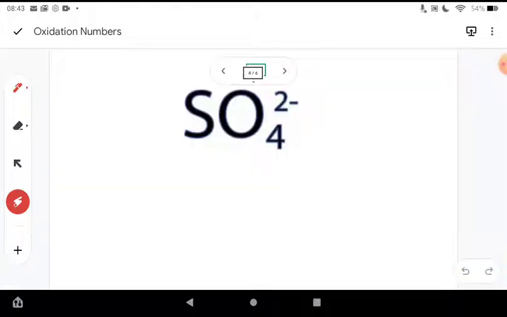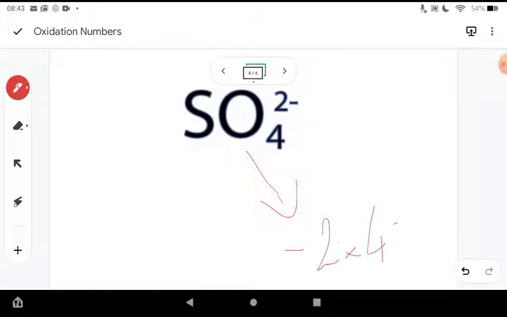Now have a look at this one, which is an ion. So sometimes they'll give you an ion to have a look at. Now, the key bit here is that there's an overall charge. If I take oxygen, so I'm going to start with oxygen, and oxygen has got a -2. However, there are 4 of them. So overall, the negative oxidation number is -8.